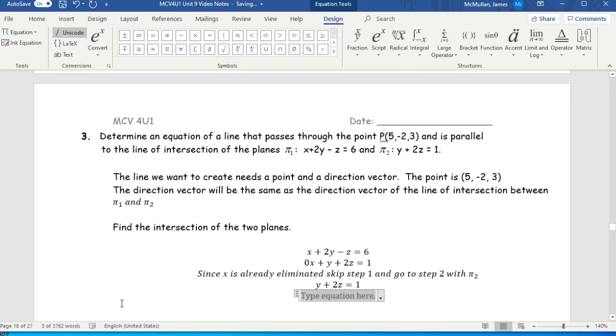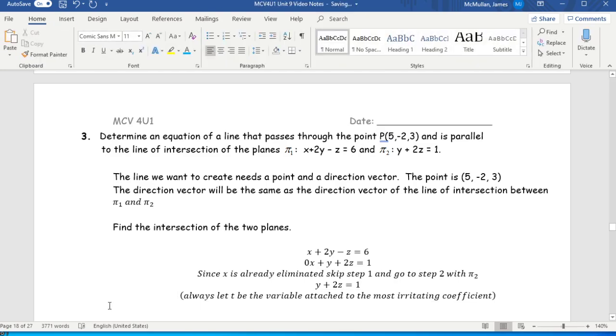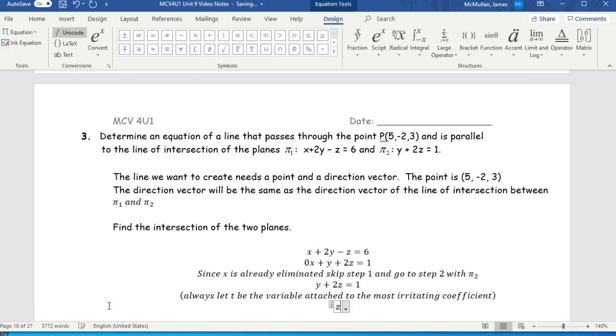Now, my little rule for you: always let t be the variable attached to the most irritating coefficient. It looks like you should let y be t here because it's all on its own, but make z t. Let z equal t. Pick whatever one has a coefficient and make it t.